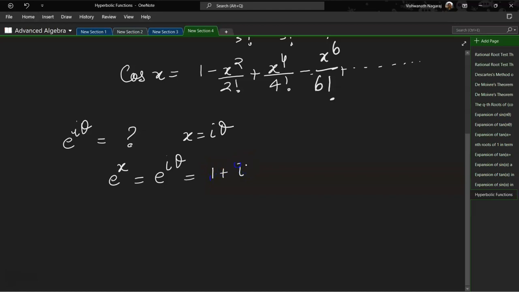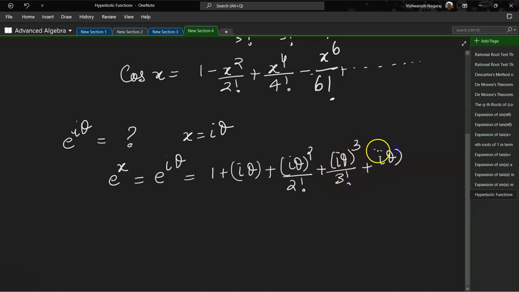So 1 plus i theta, 1 plus x plus x square by 2 factorial. So i theta square by 2 factorial plus i theta cube by 3 factorial plus i theta to the power of 4 by 4 factorial and on and on and on.